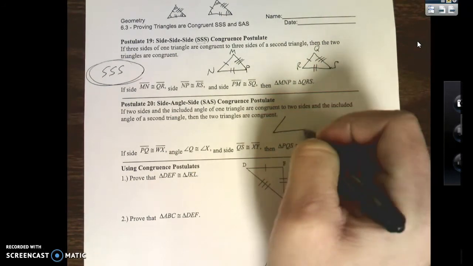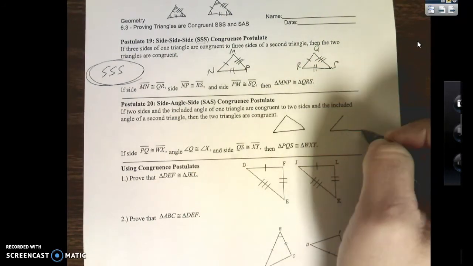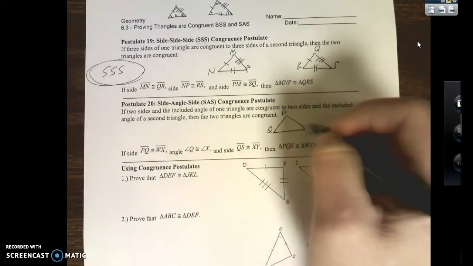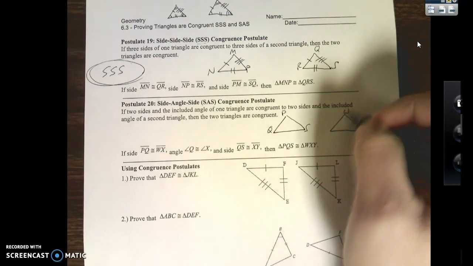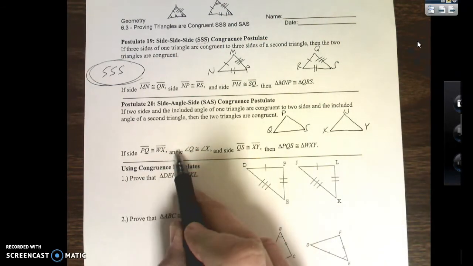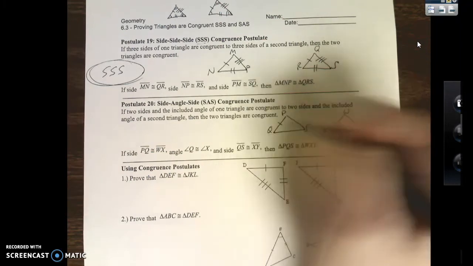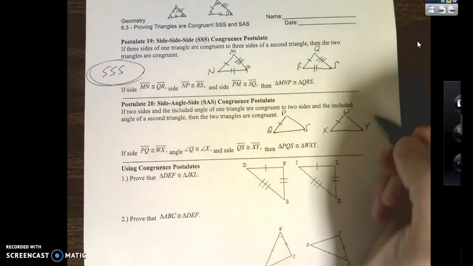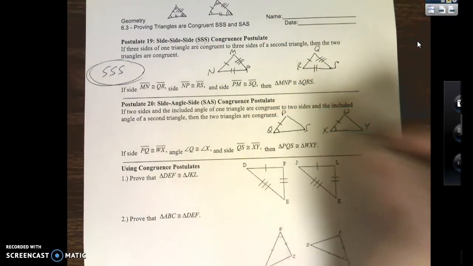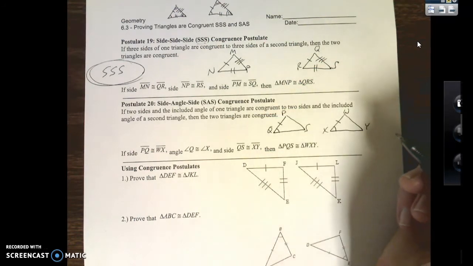So, okay, here's a triangle, here's a triangle. I'll try and draw these a little bit better. P, Q, S, W, X, Y. All right. If PQ is congruent to WX, bam, bam, and angle Q is congruent to angle X, and side QS is congruent to side XY.